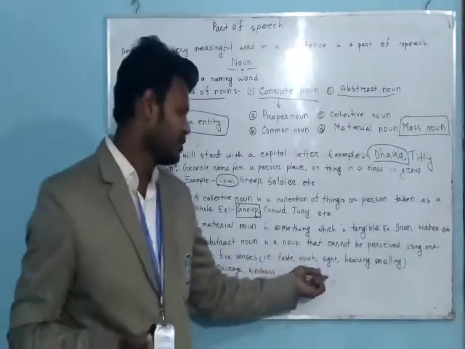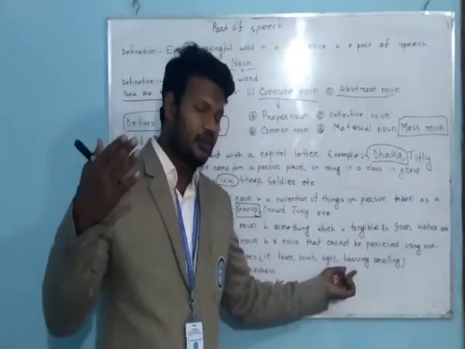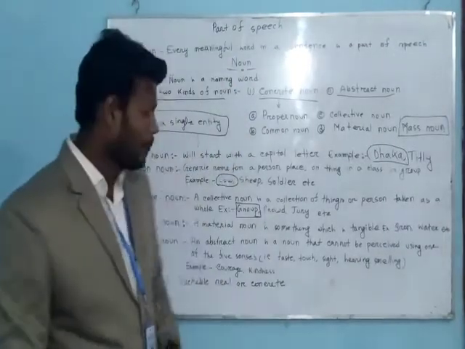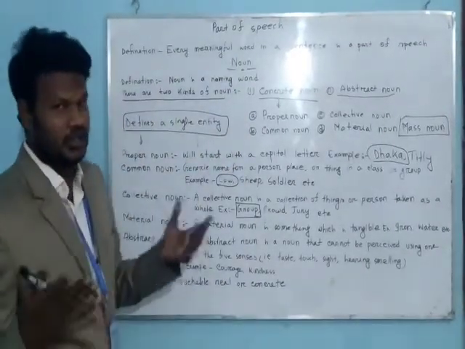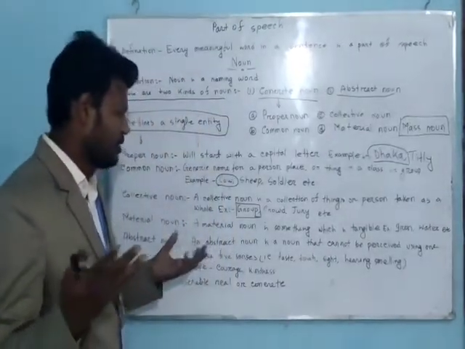Touch, you cannot touch it. Sight, you cannot see it. And hear, you cannot hear it. It hasn't any sound, and you can't smell it. So what is it? You cannot taste, you cannot touch, you cannot see, you cannot smell, and you cannot hear.